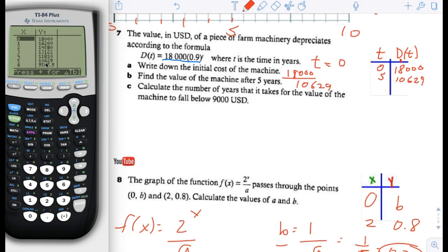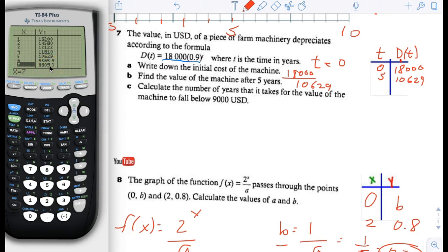All right. Calculate the number of years it takes for the value of the machine to fall below $9,000. We can see here that in year 6, it's 9,565. We want to know when it falls below 9,000, so we have to go down a little bit more, and we can see that in year 7, it has fallen below 9,000.